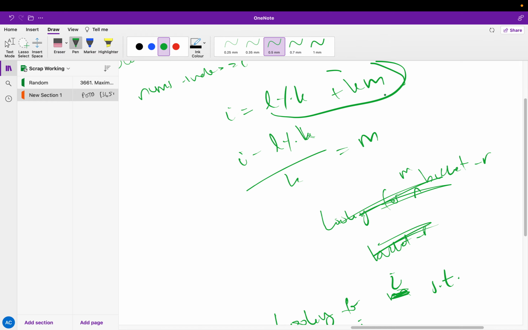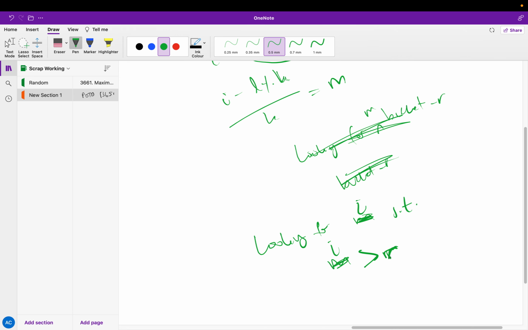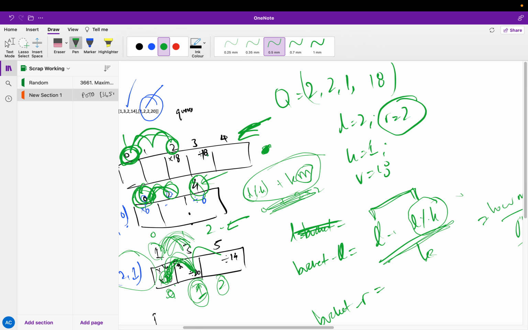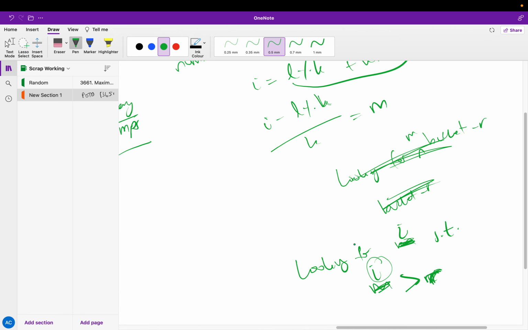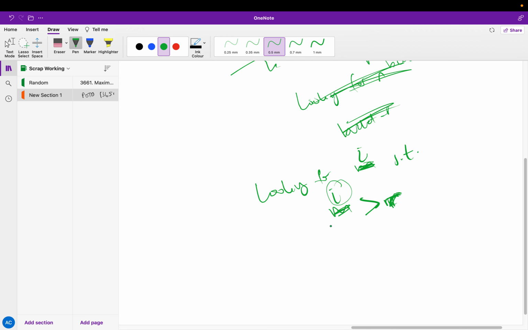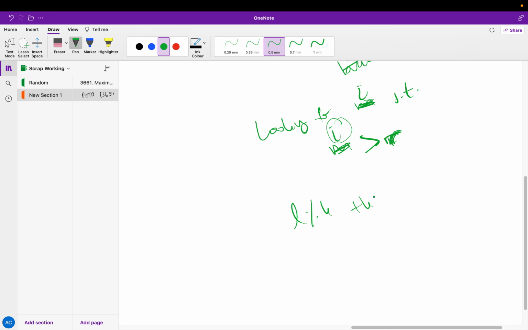Because R refers to the rightmost index we're allowed to be, and I, in this case, is referring to the index that we should put the divider on, which is after the R. So I is equal to L mod K plus Km, which should be greater than the R value in the query.